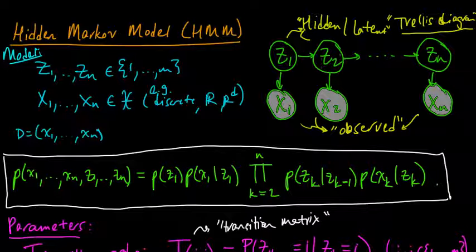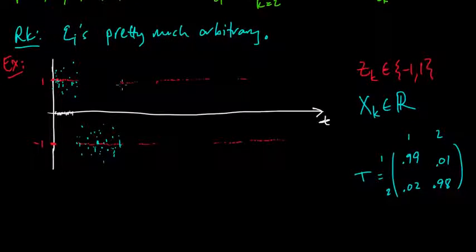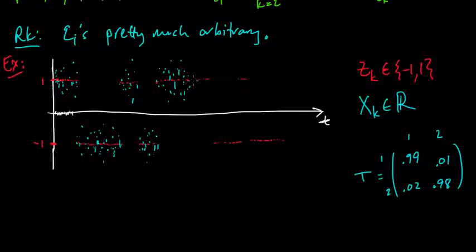That's what the model says. And you can check that using the d-separation theorem. So these are just Gaussian distributed things. And if you have data that looks like this, then the HMM might be a good model to use.